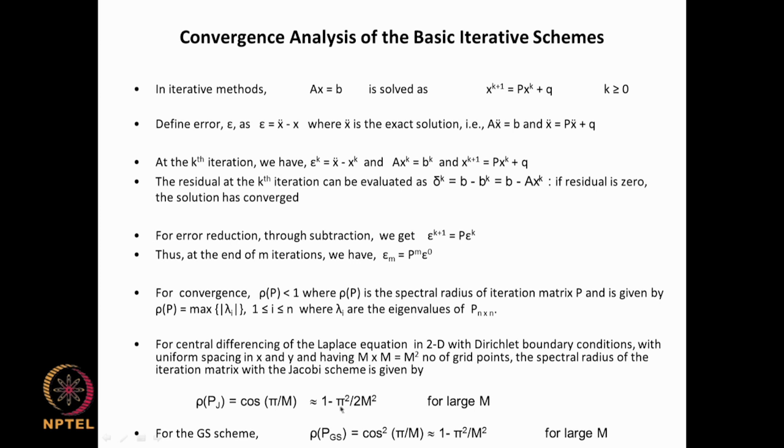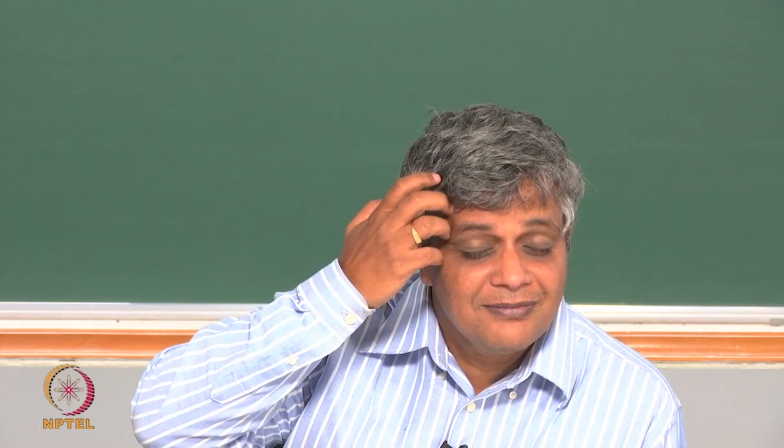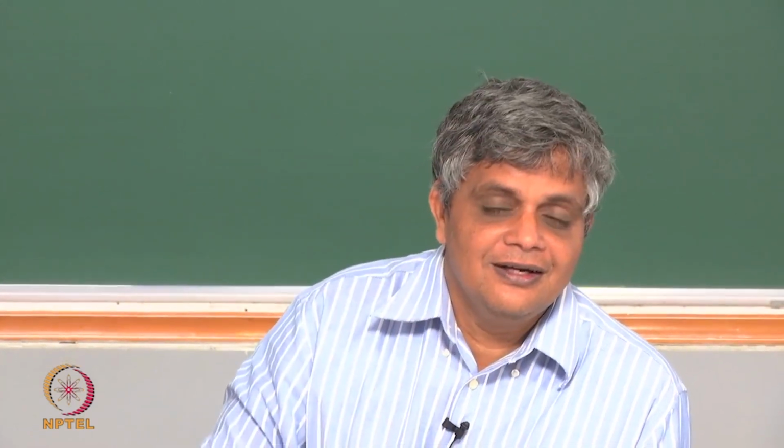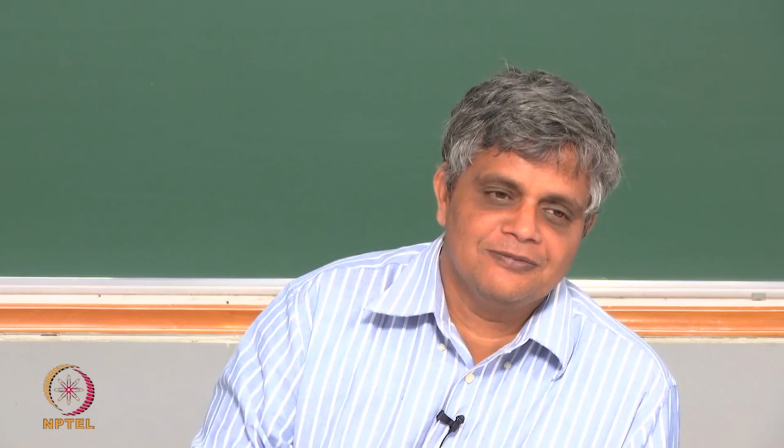So this largest eigenvalue will be 0.9998. Okay, so it has increased from the already large value of 0.999 to an even larger value of 0.9998. Now what is the difference? The rate of convergence is determined by how far away from 1 the spectral radius is.